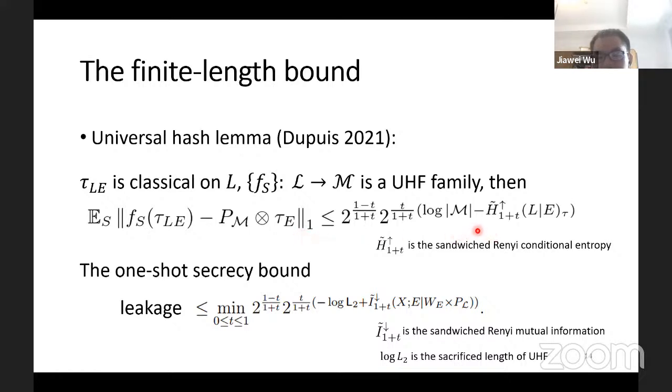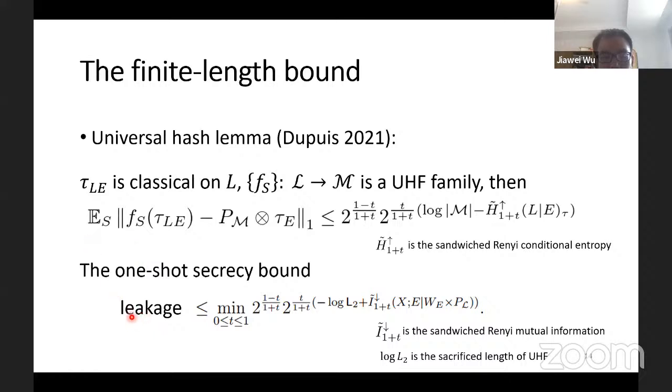It is bounded by the sandwiched Renyi conditional entropy on this original state. And this can be transformed into a more easily understandable form as this.